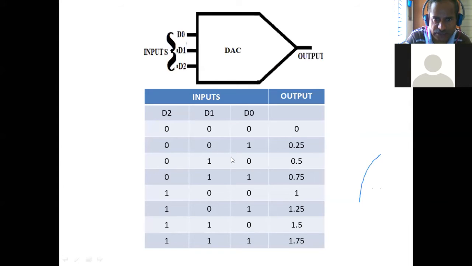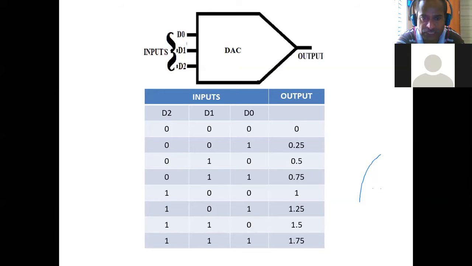If you apply 0, 0, 1, meaning D0 is equal to 5 volts, D1 is equal to 0 volts, D2 is equal to 0 volts, the output produced is 0.25 volts. If you apply 0, 1, 0, output is 0.5 volts. For input 0, 1, 1, the corresponding analog output is 0.75.